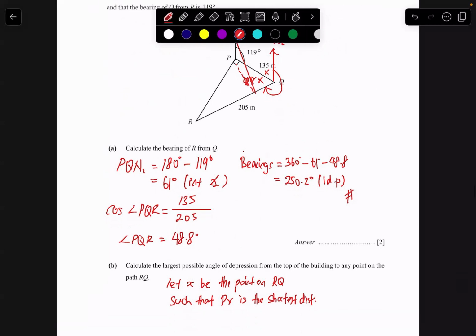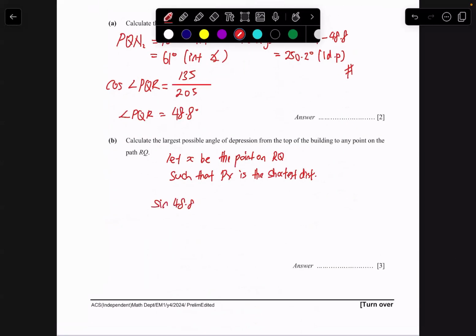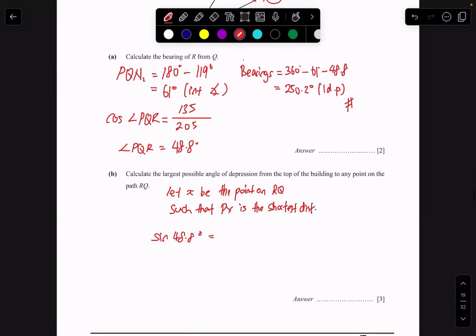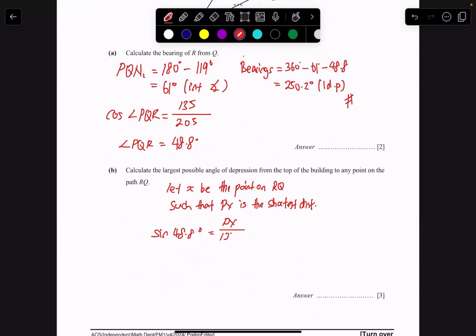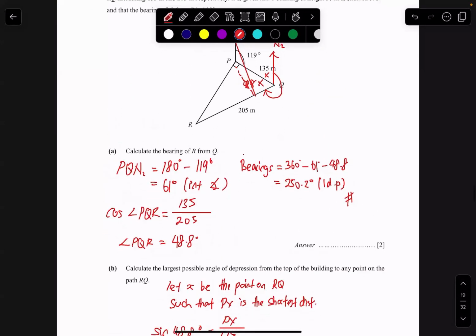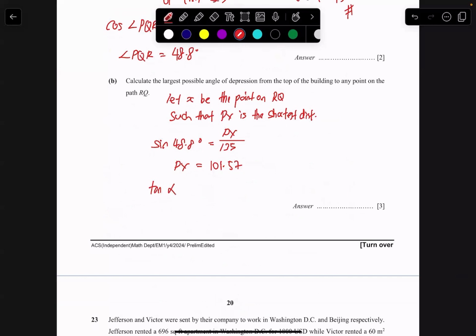Sine 48.8 equals PX over 135, so PX equals 101.57.